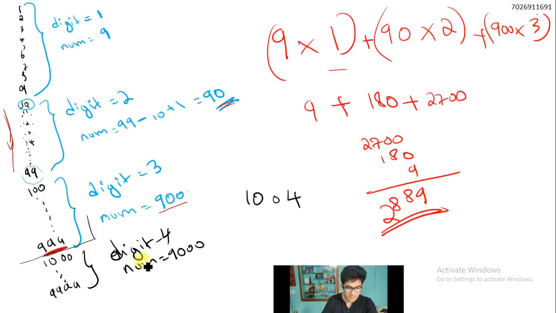Watch here carefully. If someone asks 1004, the first 999 is there for sure. If someone asks for 14, don't you think the first 9 is there for sure? Yes. So that trick we will use here.